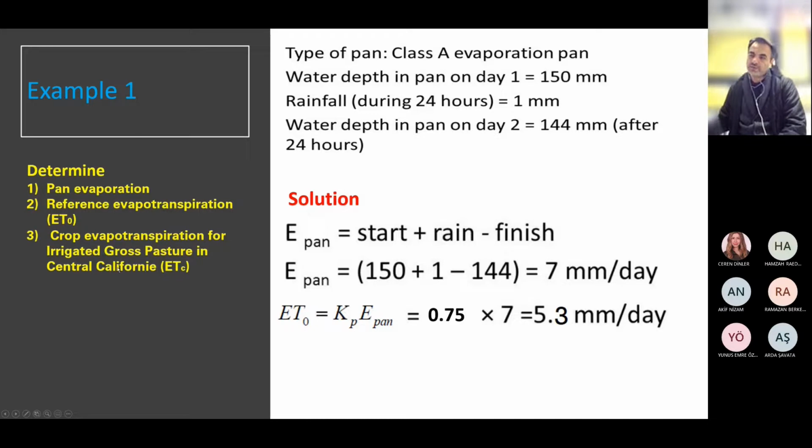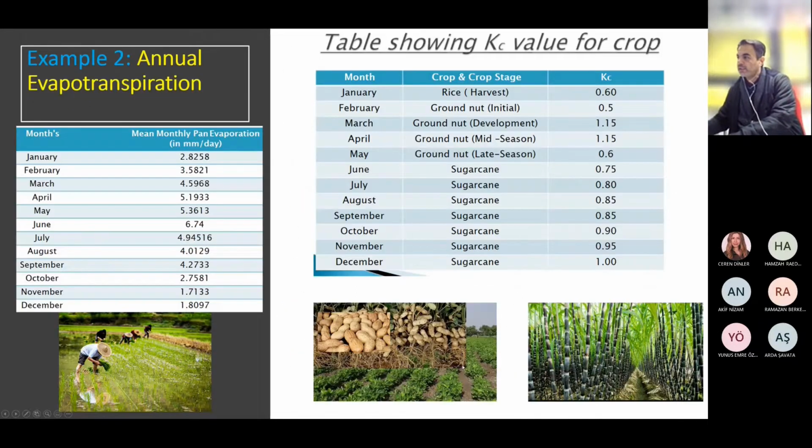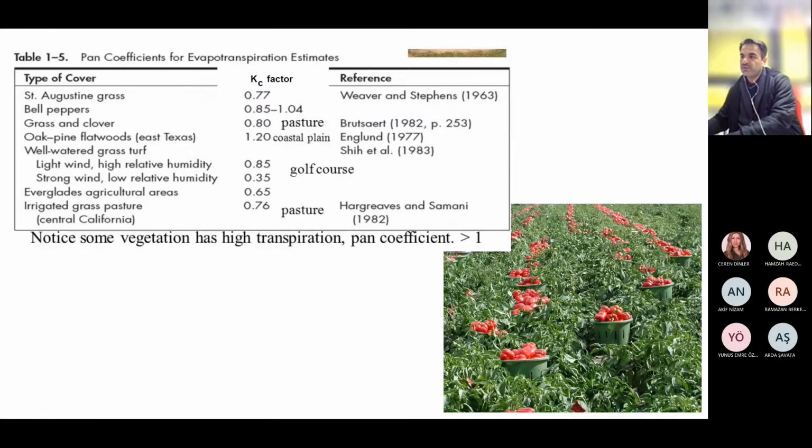Kc should be selected from a table that represents irrigated grass pasture in Central California. So the relevant value equals 0.76, which you can get from this table.